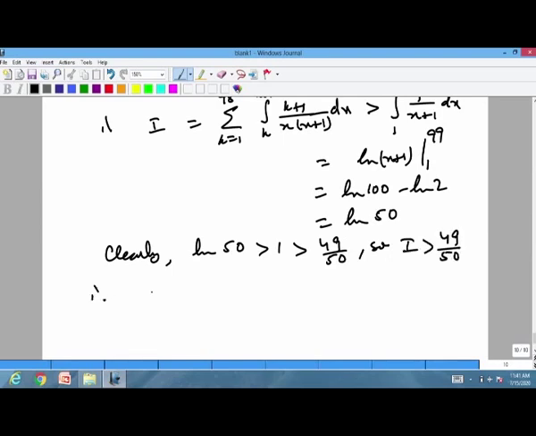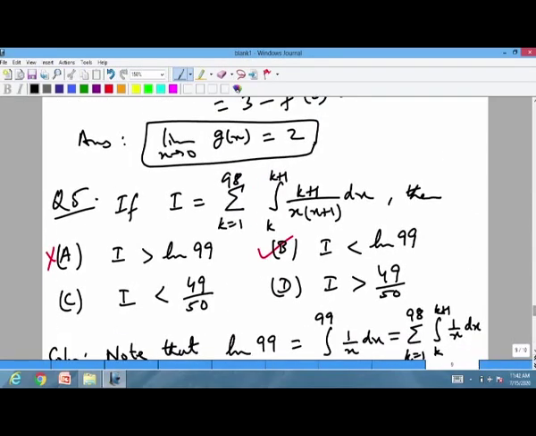So, therefore, D is correct and C is false. So, we get D is right and this C is wrong.